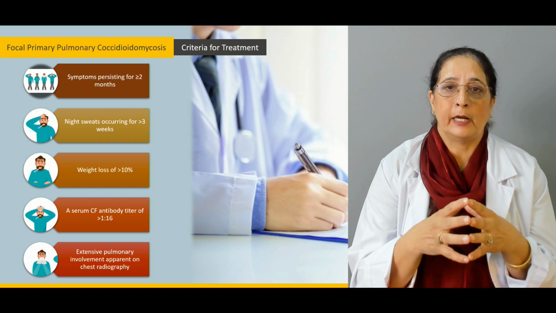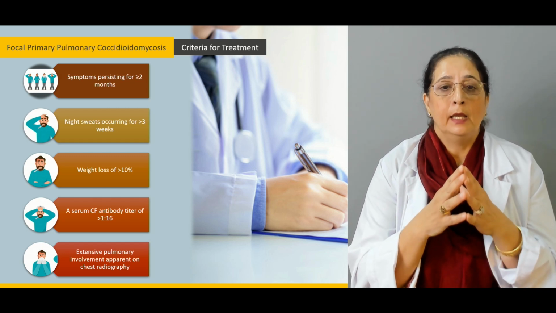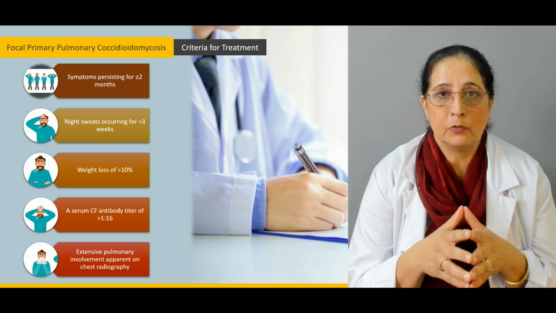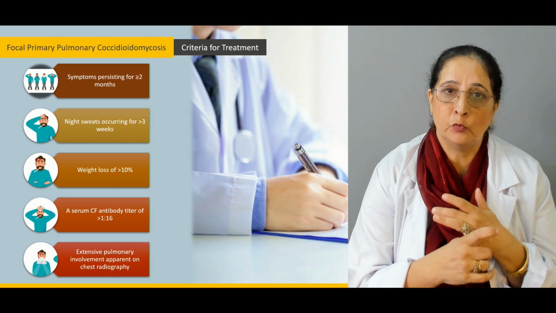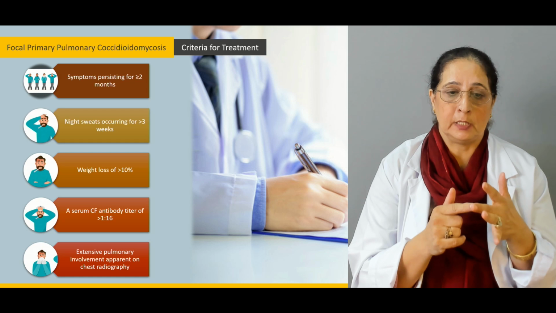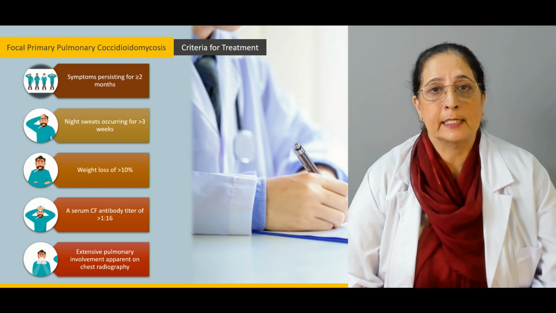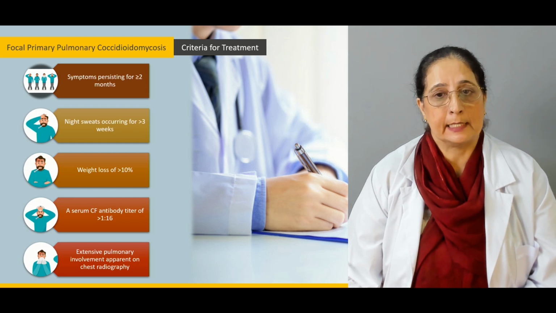These are some criteria for the treatment of focal primary pulmonary coccidioidomycosis. If the symptoms are persisting for more than 2 months, night sweats for more than 3 weeks, weight loss is there, and there is extensive pulmonary involvement on the chest X-ray.